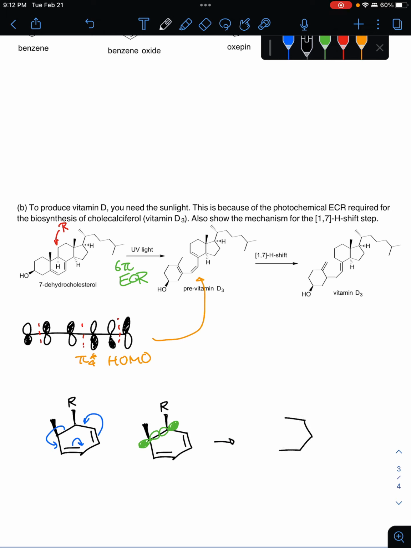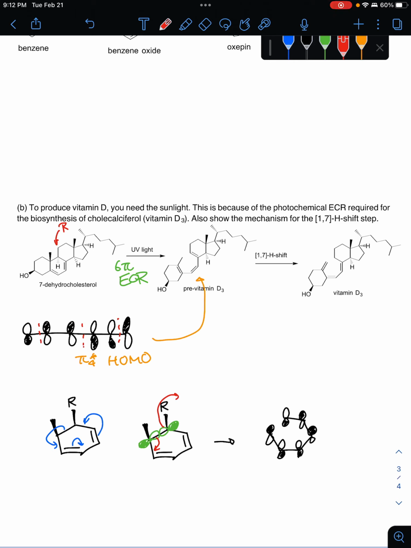And when it opens up, it should look like pi 4, right? So it should look like that. So in order for this to happen, the rotation of the orbital is going to have to be like this for that orbital, and then like this for that orbital. Hope that makes sense.